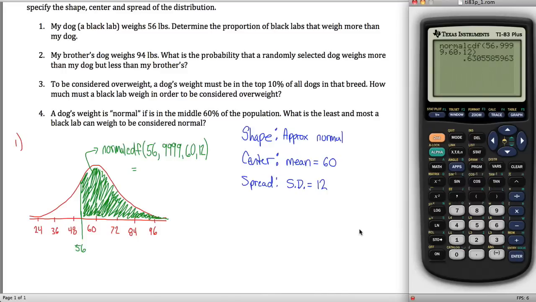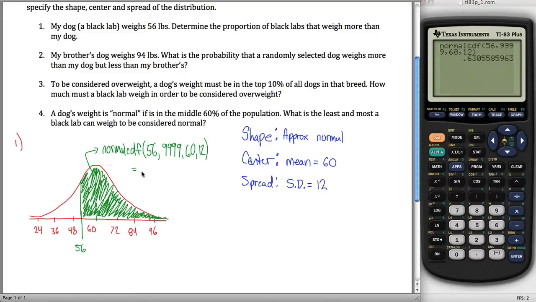If I hit enter, it'll give me this probability, this proportion. In this case, it's 0.63055. Maybe we'll call it 0.631. Or if you prefer percentages, it's 63.1%. So, determine the proportion of black labs that weigh more than my dog: 63.1% of fully grown black labs weigh more than my dog.